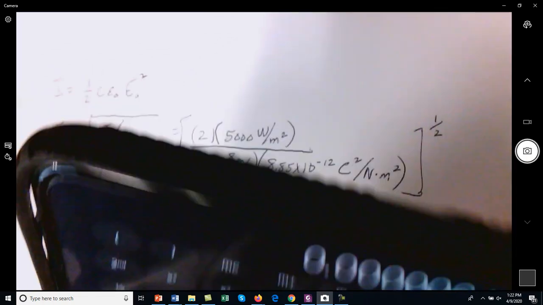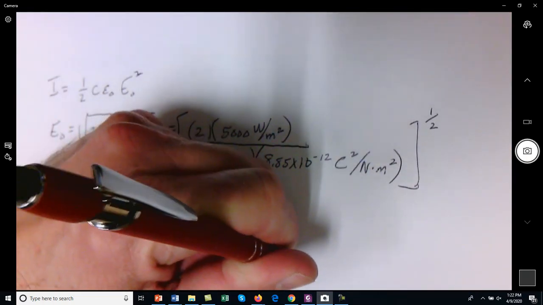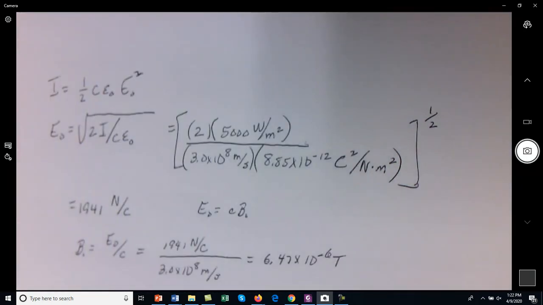And that gives me a magnetic field of 6.47 times 10 to the negative 6 Tesla. Okay, so that's our magnetic field.